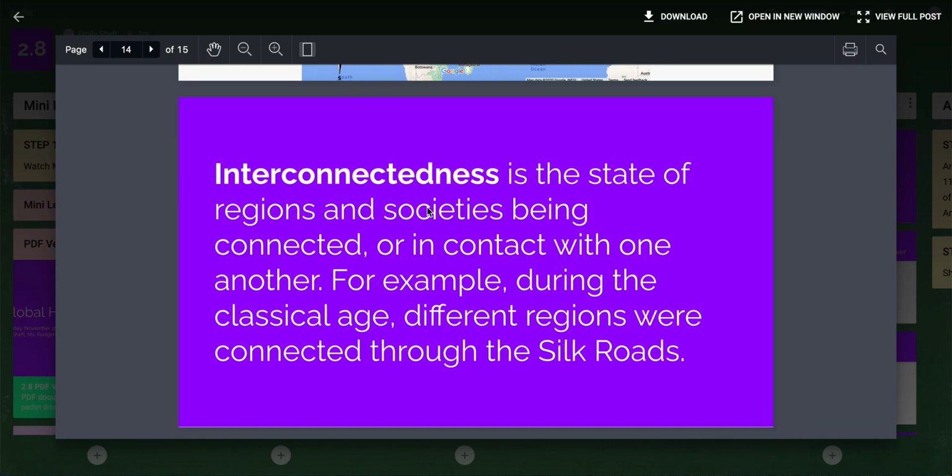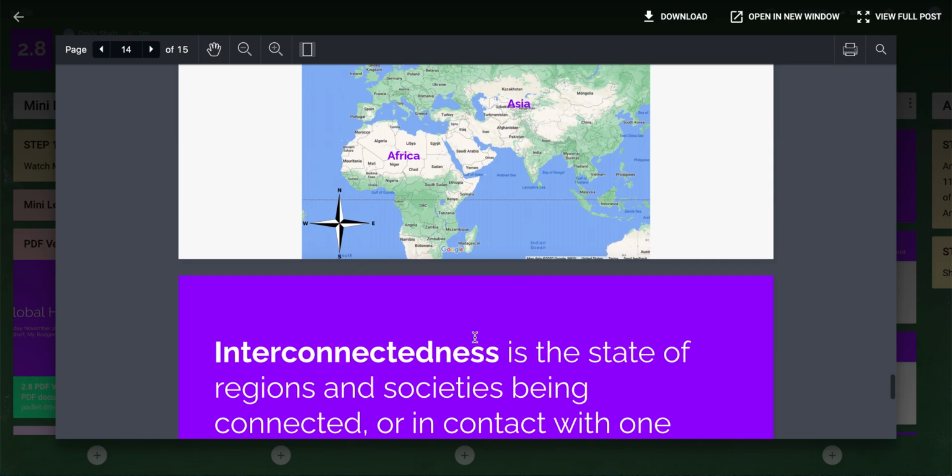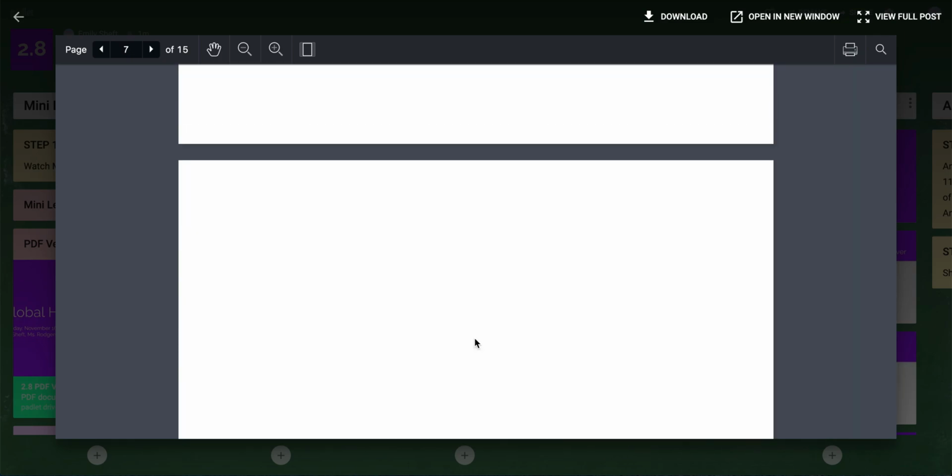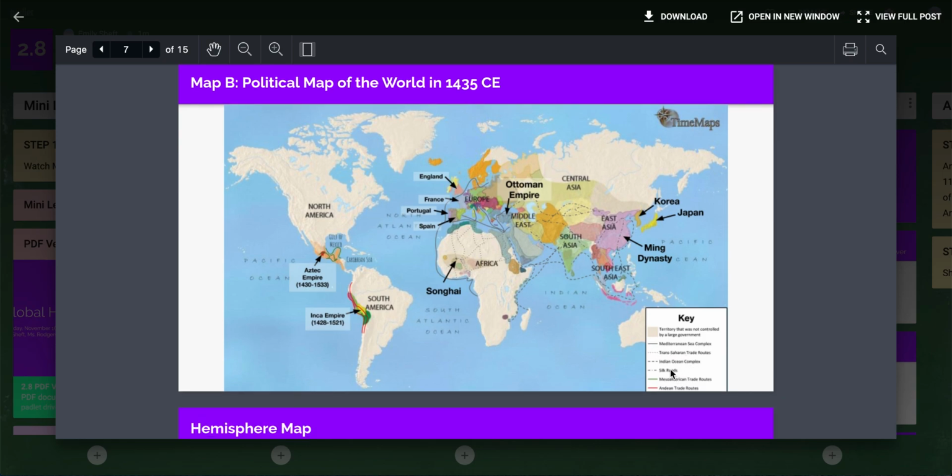So again, interconnectedness is a state of regions and societies being connected or in contact with one another. For example, during the classical age, different regions were connected through the Silk Roads, which we can see on map B up here, and we can see lots of information here, all right?